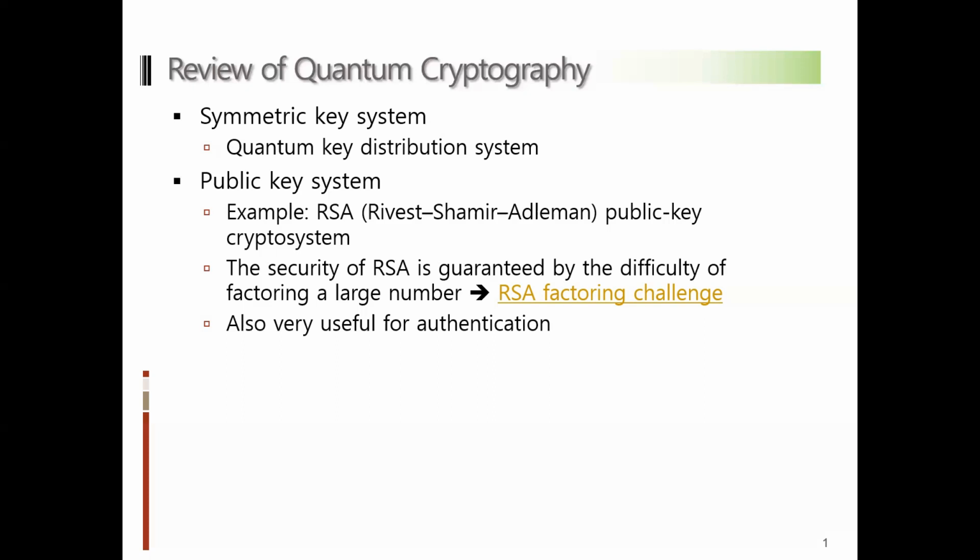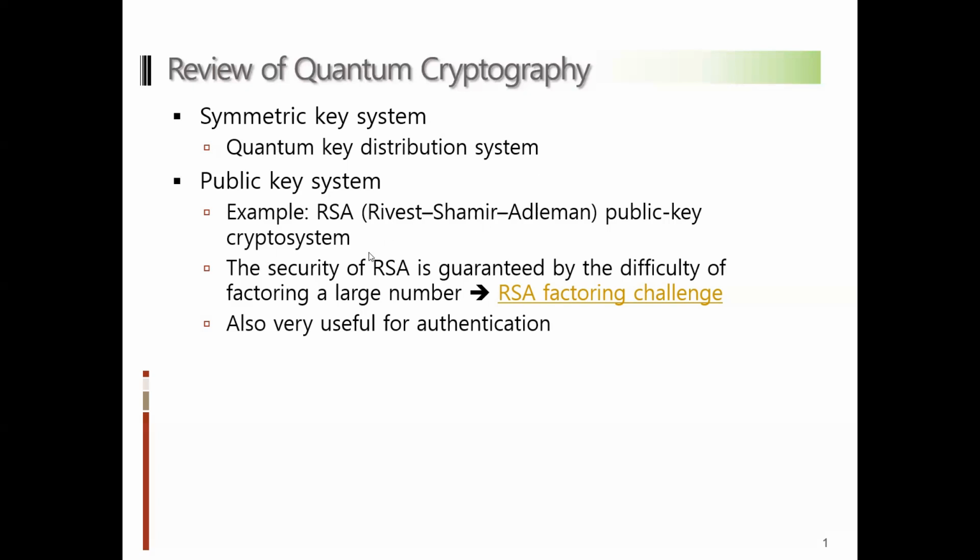The reason is that the security of RSA is guaranteed by the difficulty of factoring a large number. If you click this link, you will even see a challenge which asks people to factor a large number.